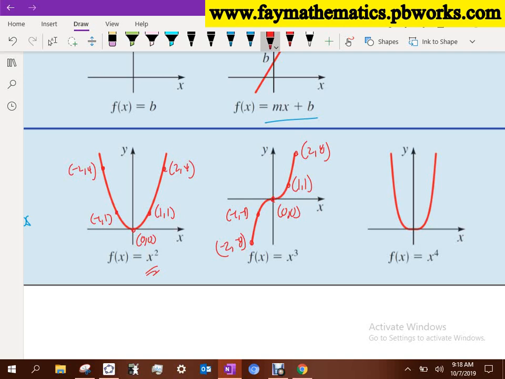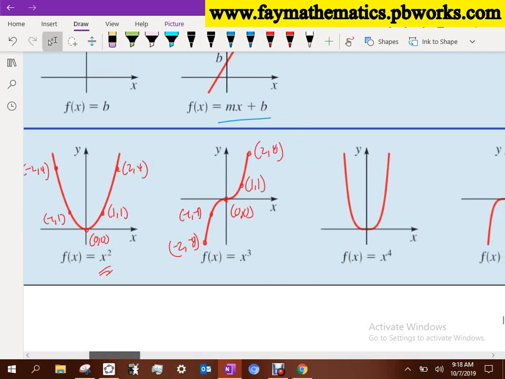X to the fourth is very similar to x squared, except between 0 and 1, it gets a lot flatter down here at the bottom. Or I guess negative 1 to 1. It's because, let's say I took an x value of 1/2 and I raise it to the fourth power.